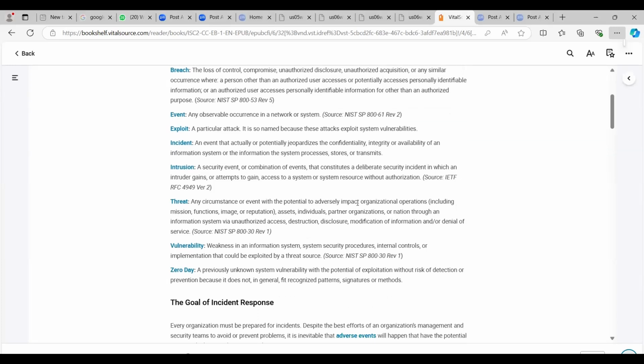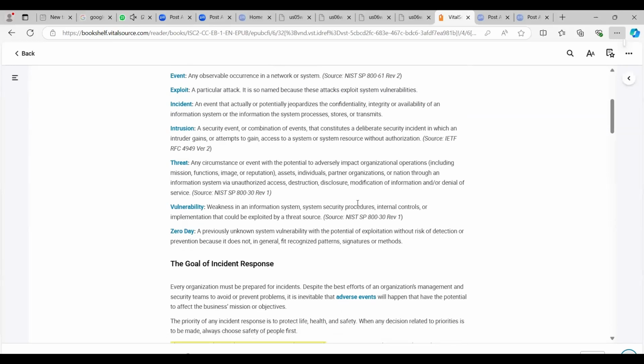Then we have an incident. An incident is an event that actually or potentially jeopardizes the confidentiality, integrity, or availability of an information system, or the information the system processes, stores, or transmits. Then we have an intrusion.